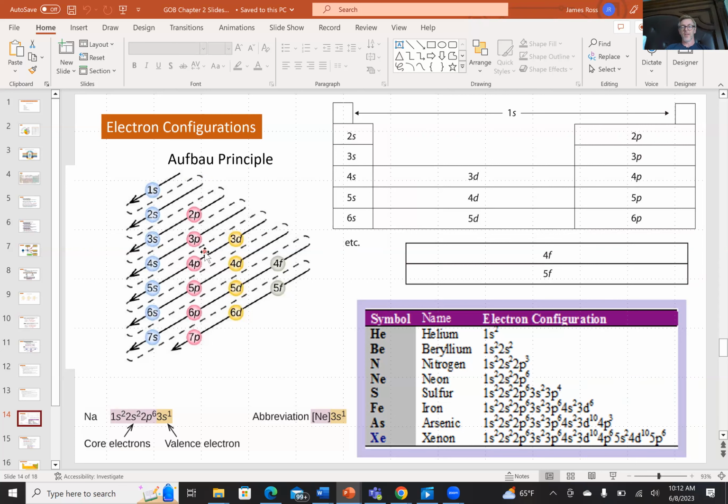So if you have these 2 objects in front of you and the periodic table, with a little bit of trial and error, this should start to make sense.